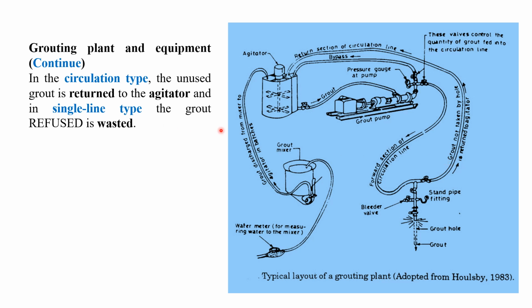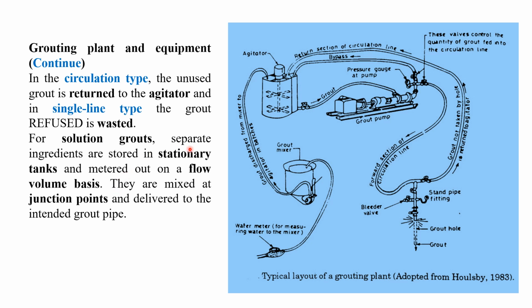Okay, so circulation line means all the facility will be there. Whatever extra grout remains in this, or comes out from this hole, will return back to the agitator. That means it will not be wasted.